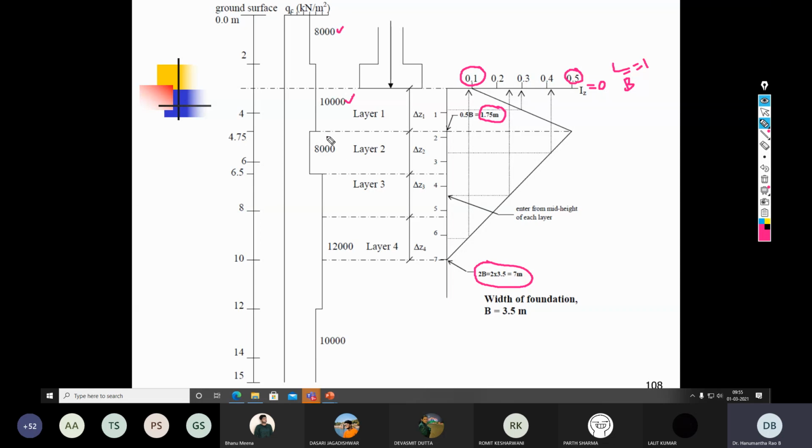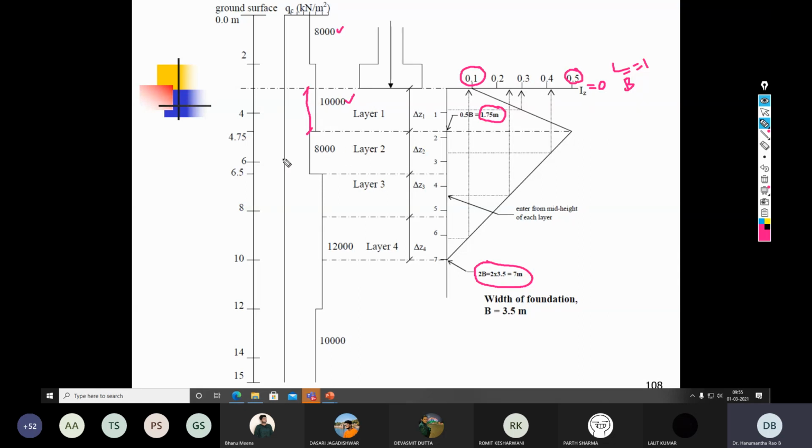So try to superimpose the same measurements on the strain influence diagram. Incidentally, my 1.75 meter and 4.75 match perfectly. Therefore, I have considered the foundation level to 1.75 meter as layer number 1, wherein there was no variation in the value of QC. Second, the QC from 4.75 to 6.5 from the ground surface remains unchanged.